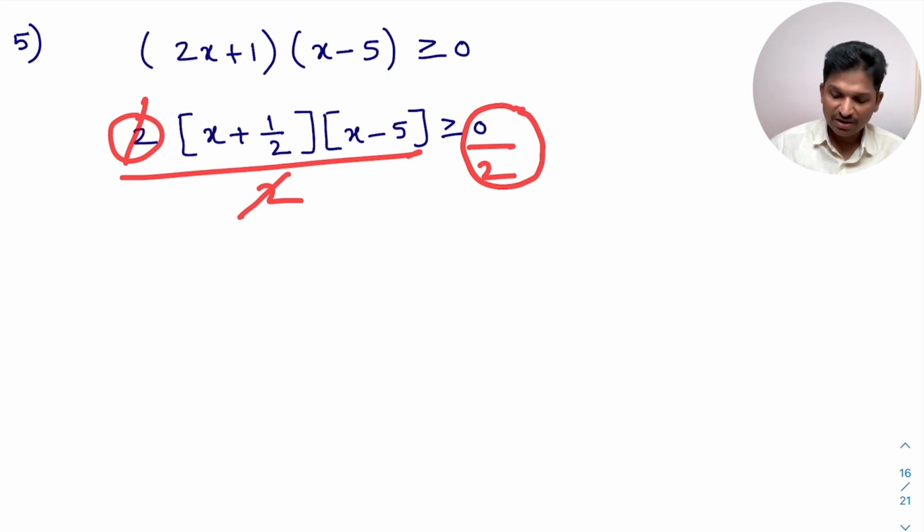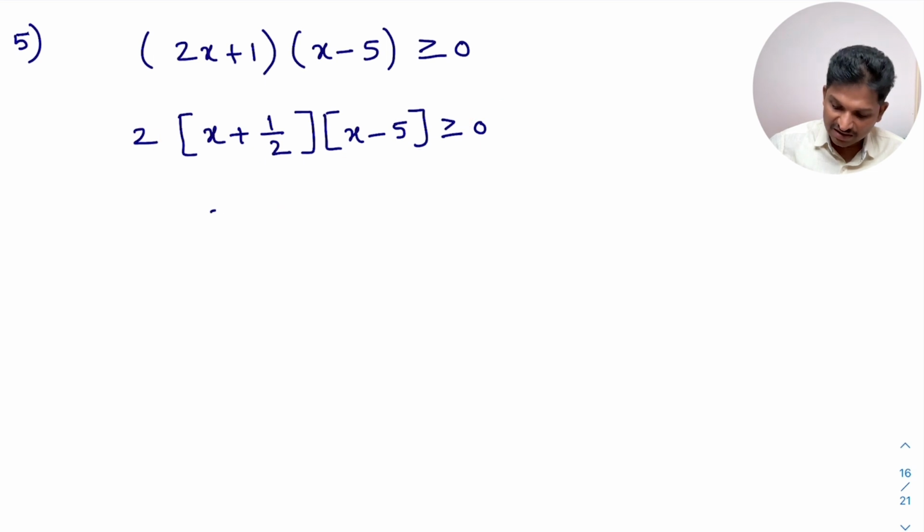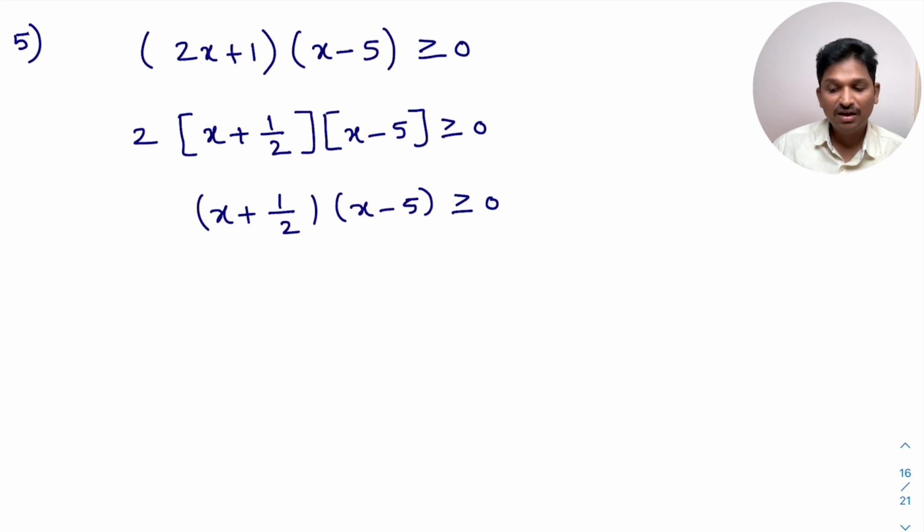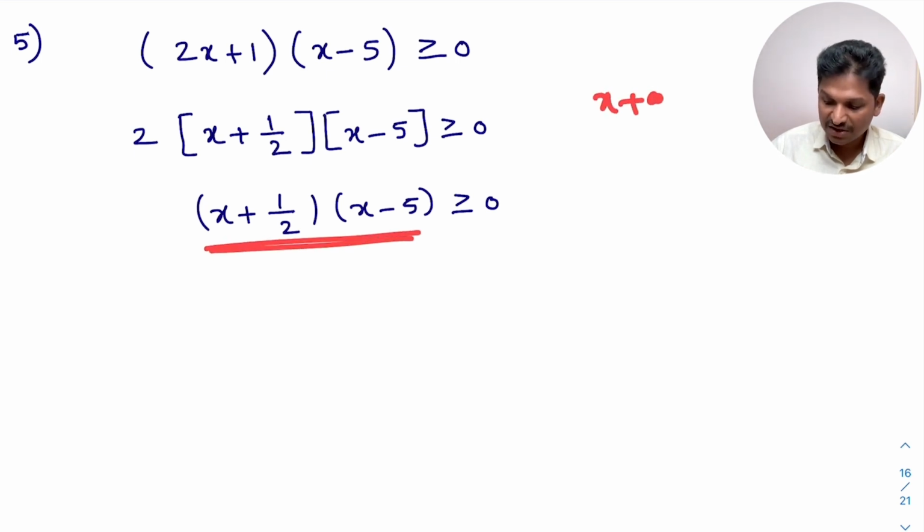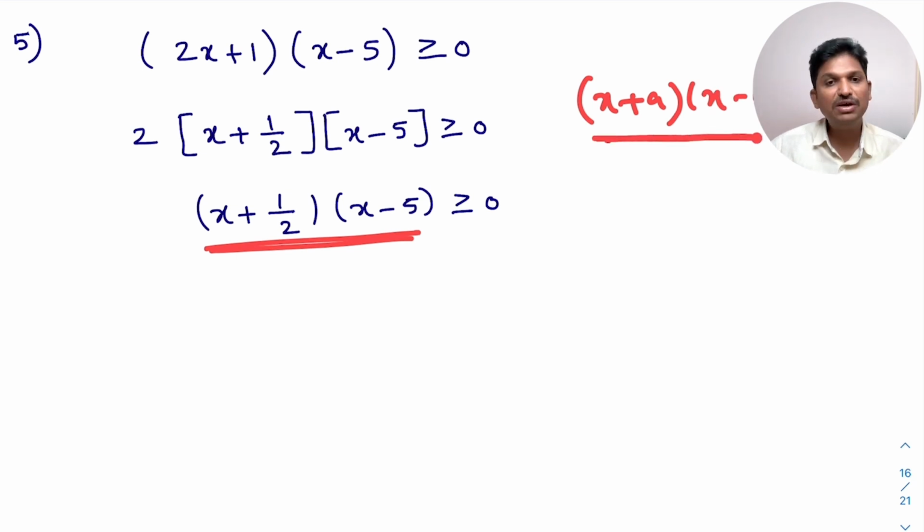So when I divide this inequality by 2 on both sides, I'll get x plus 1 by 2 into x minus 5 is greater than or equal to 0, right? Now this side is in the form of x plus a into x minus b, so I can use the wavy curve method here very easily.